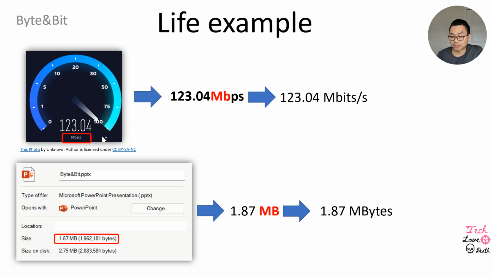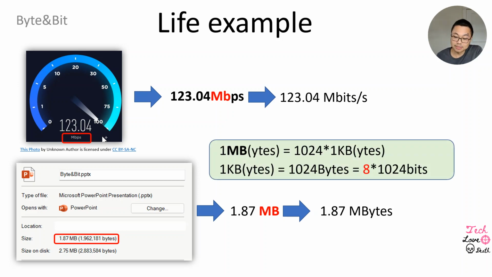Now let's take a look at what are MB and KB in computer system and their relationship. MB is megabytes and KB is kilobytes. Okay, we can see that 1 kilobyte equals 1024 bytes. 1 megabyte equals 1024 kilobytes.